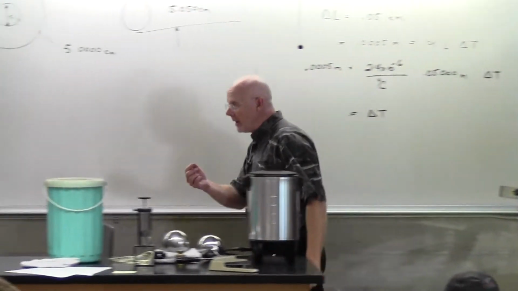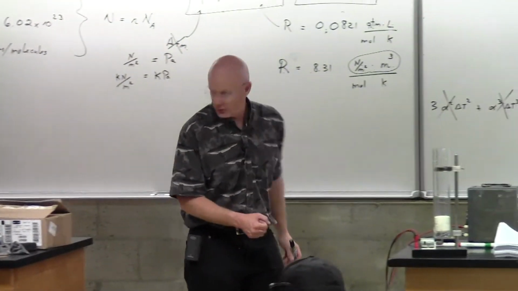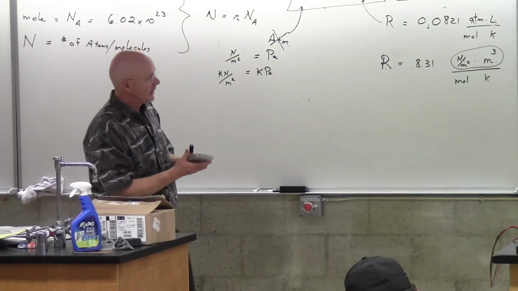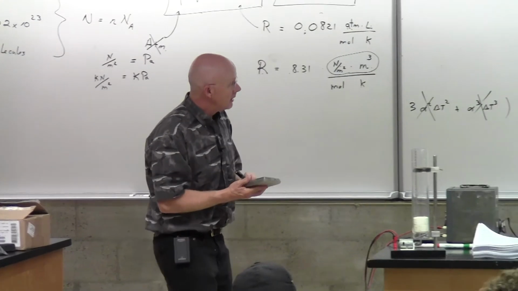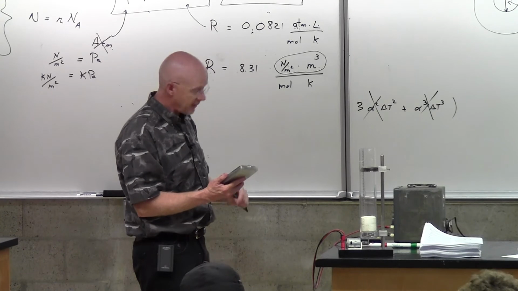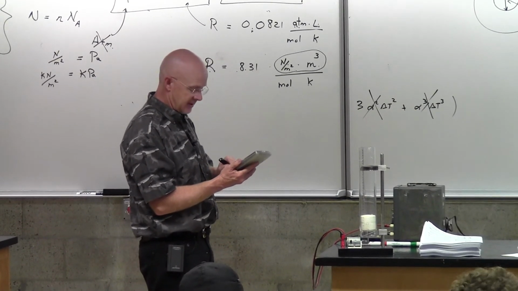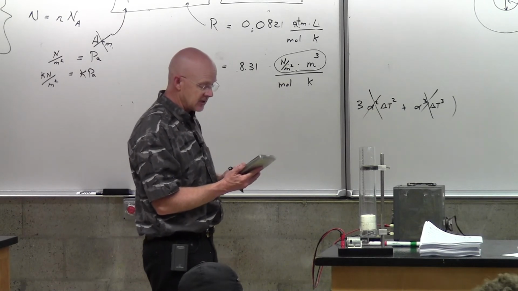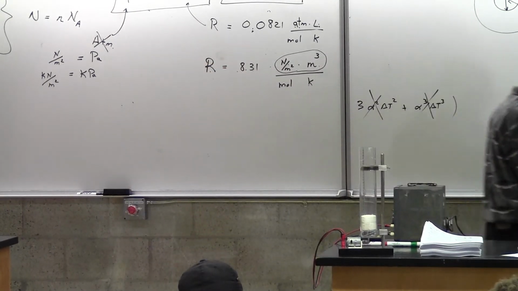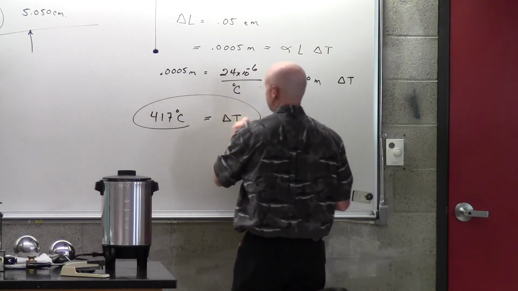What temperature must you warm this up to in order for this to work? Thought I grabbed a calculator somewhere. If I try this, 0.0005 divided by 24 times 10 to the negative 6, divided by 0.05, I get a warming up of about 417 degrees Celsius.